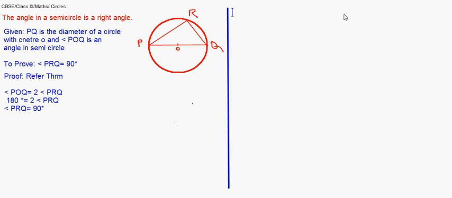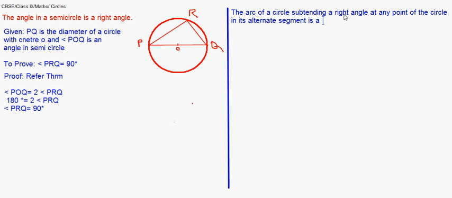I write the theorem here: the arc of a circle subtending a right angle at any point of the circle in its alternate segment is a semicircle. Oh, I made a spelling mistake there.